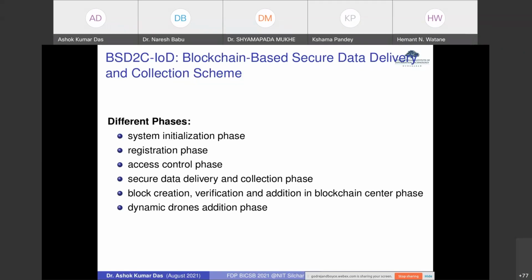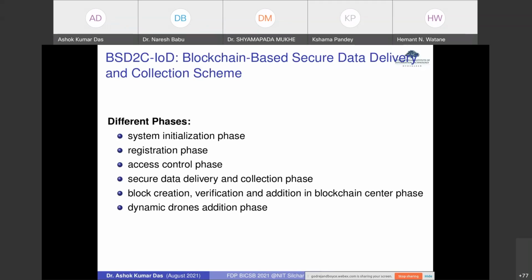Then the access control phase basically helps to establish secure communications between a drone, the GSS and the control room, so that after their mutual authentication, they establish the session key. Using the session key, they can communicate the transactions securely, and this is known as the secure data delivery and collection phase.